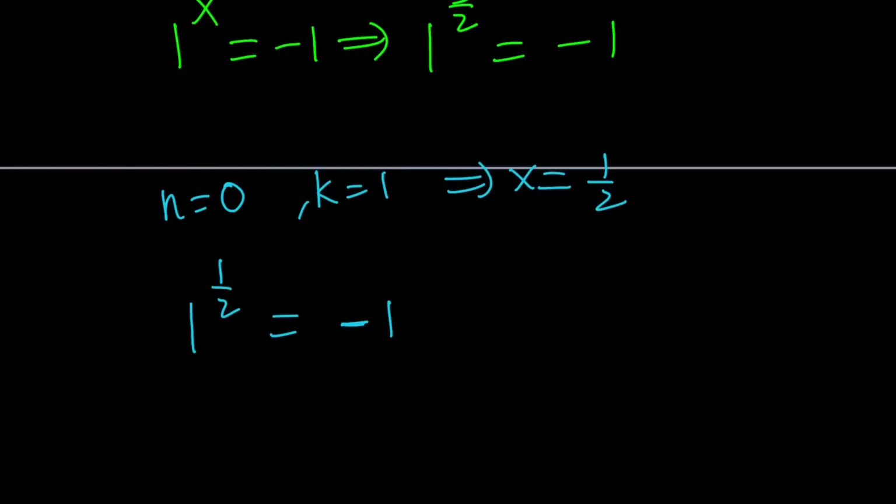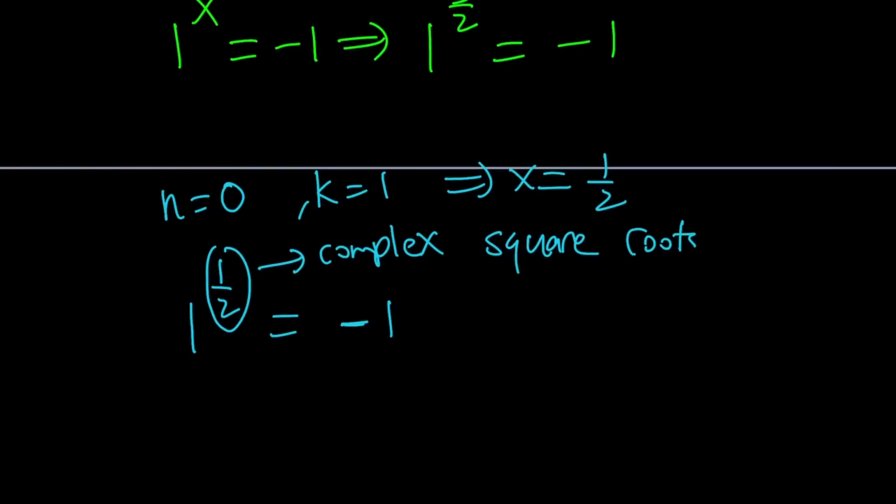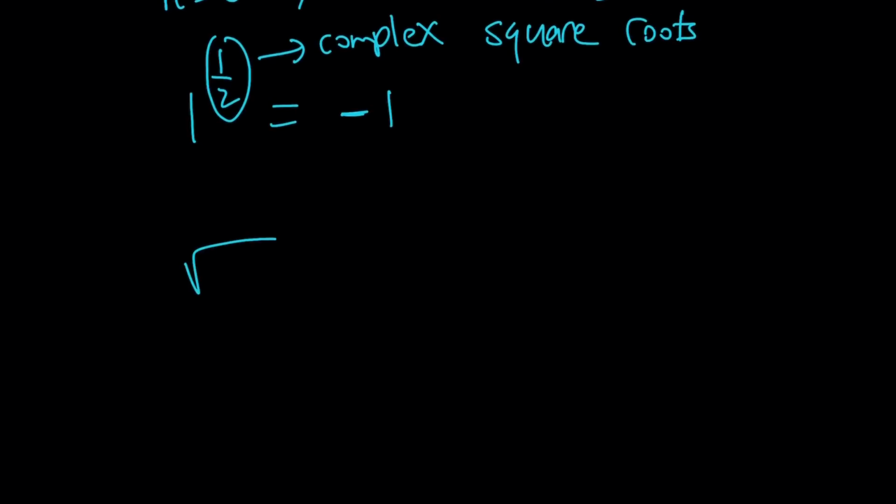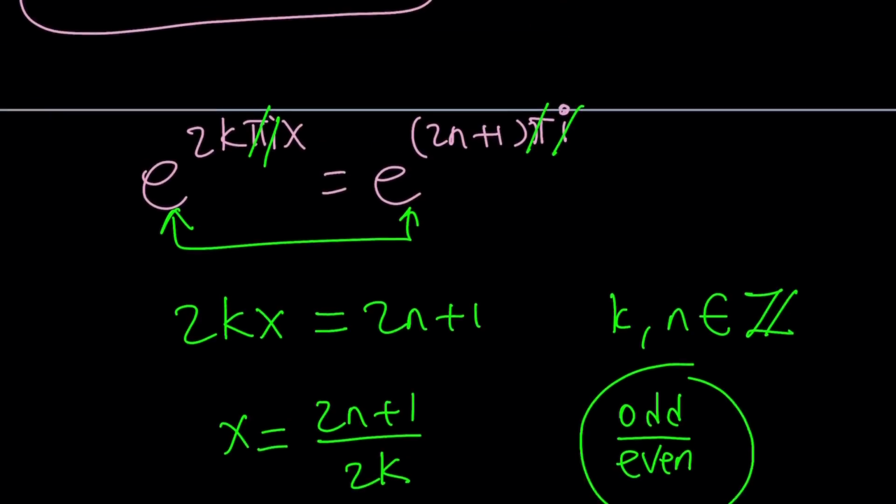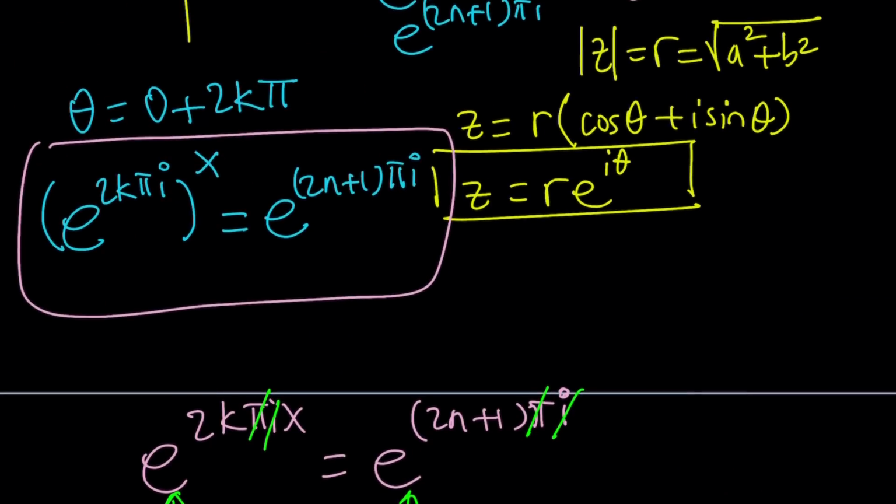And yes, this is true, because if you think about it as the complex square root, then 1 has 2 square roots, 2 complex roots, and those are 1 and -1, right? When you write square root of 1 as a complex number, there are 2 answers. This is basically multi-valued. And obviously our solution is also multi-valued, because when you change the values of n and k, you get different values.